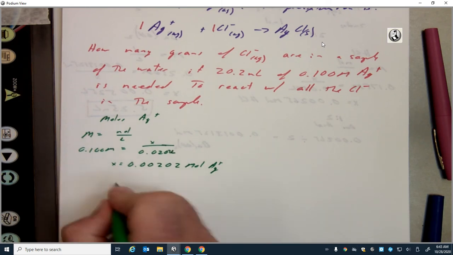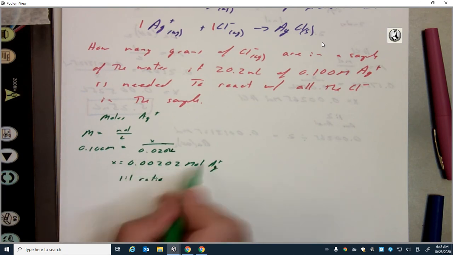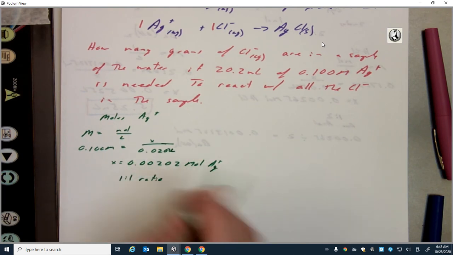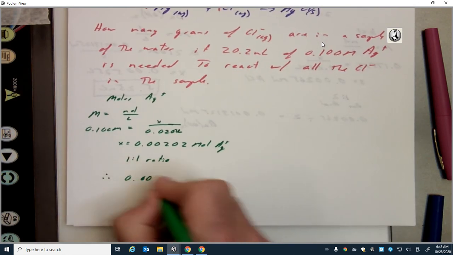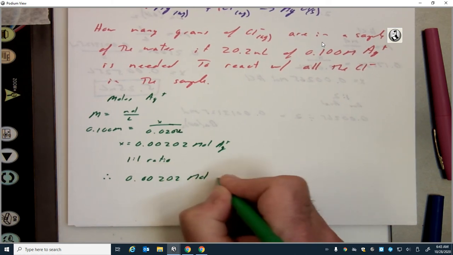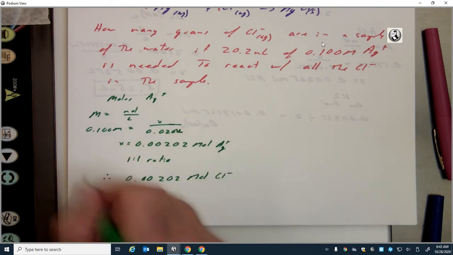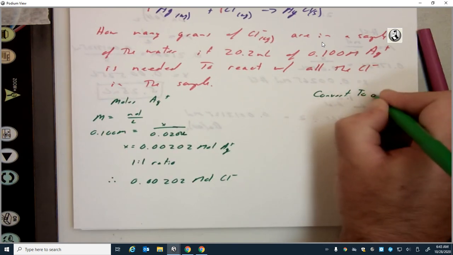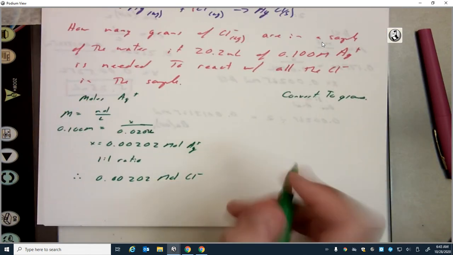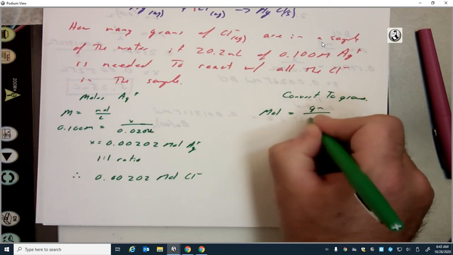So now we know that it's a 1-to-1 ratio. So if I needed this many moles of silver, that means that's how many moles of chlorine ions I have. So therefore, we have 0.00202 moles of chloride ions. And it wants to know how many grams we have. So now we're going to convert to grams. Moles equals given mass over gram formula mass.